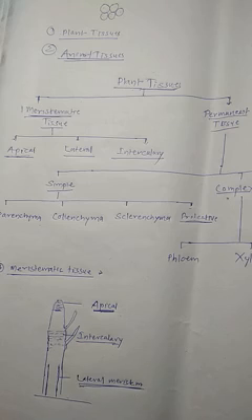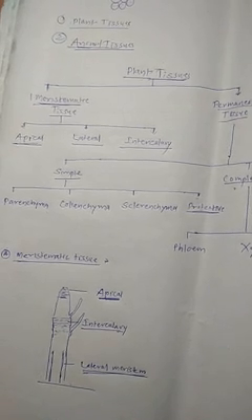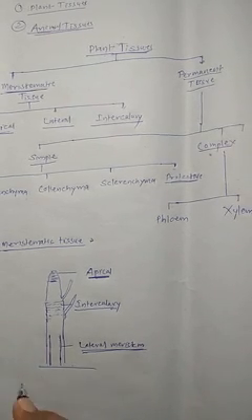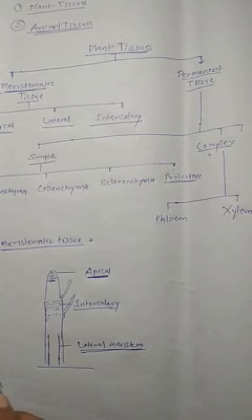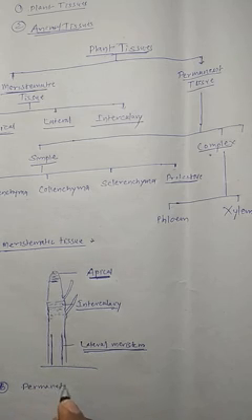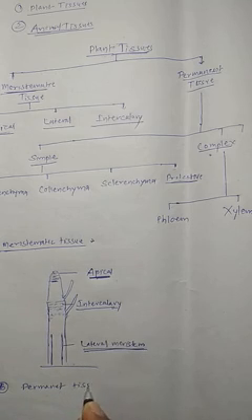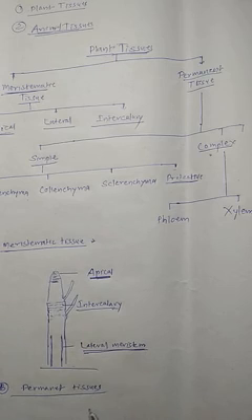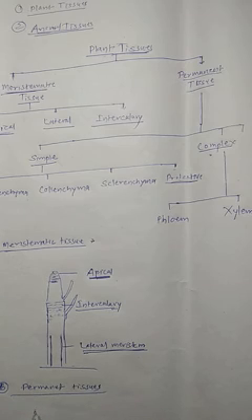Now we discuss the permanent tissue. What about the permanent tissue? Permanent tissues are the tissues formed after the cell division.